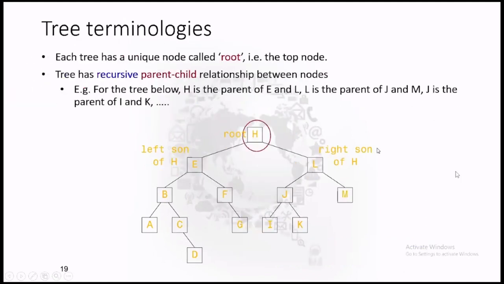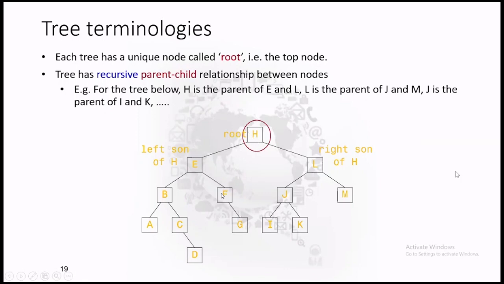Terminologies. Each tree will have a unique node, which is called the root, which is the top node, right? Because you need to have a root, then only you can start to expand. A tree has a recursive parent-child relationship between the nodes. For example, here, E is a son of H, where H is the parent.